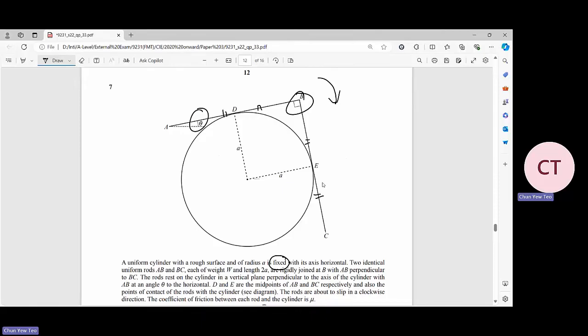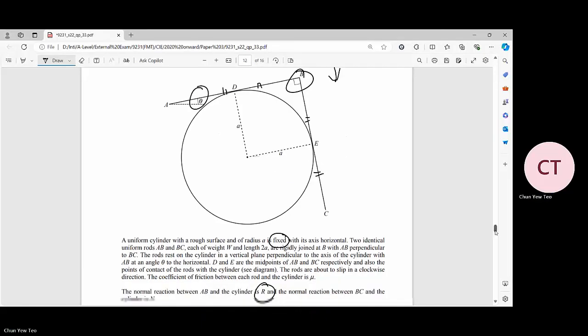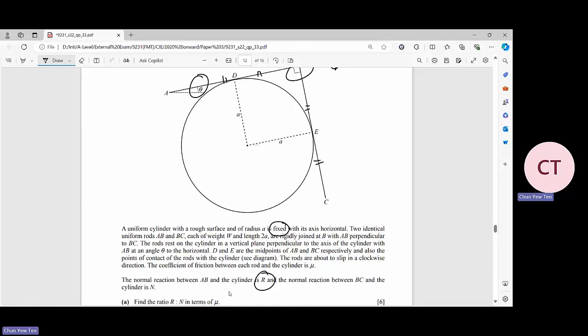The coefficient of friction between each rod and the cylinder is mu. The normal reaction between AB and the cylinder is R, and the normal reaction between BC and the cylinder is N. They want you to find the ratio of R to N in terms of mu.